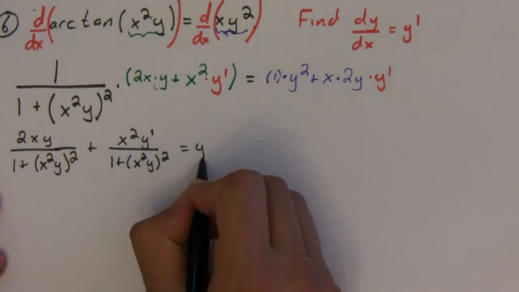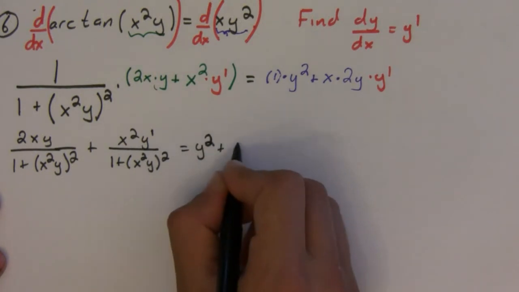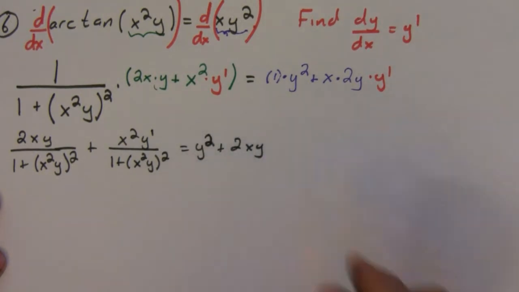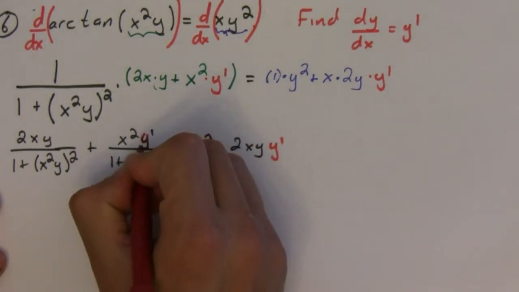And this is equal to y squared plus 2xy y prime. Now let me mark this one in red so I don't lose it.